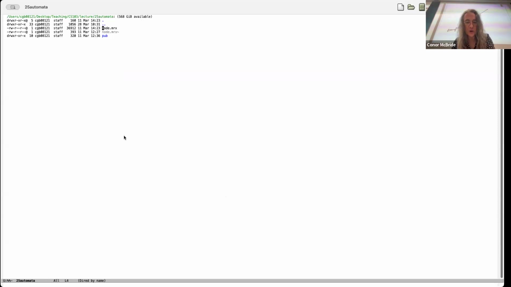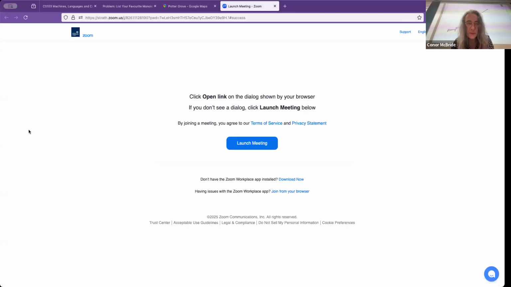I mean, maybe I'll stop sharing my Emacs and share my browser instead. So here's Zoom, share, Firefox.